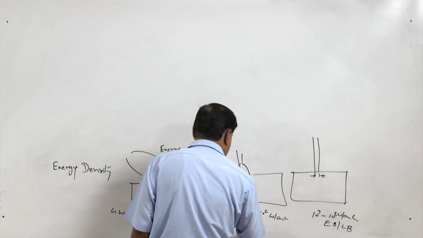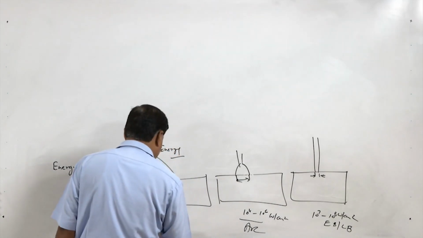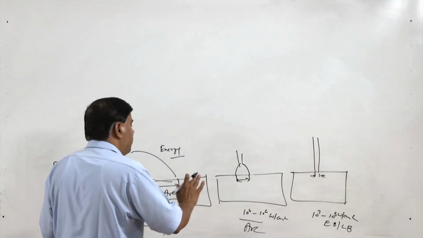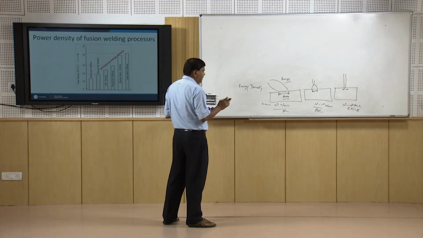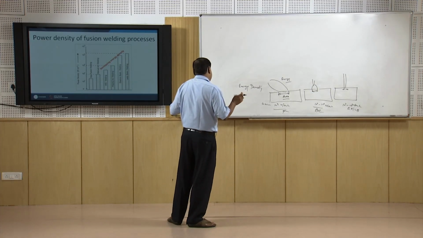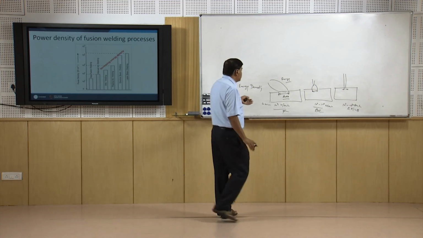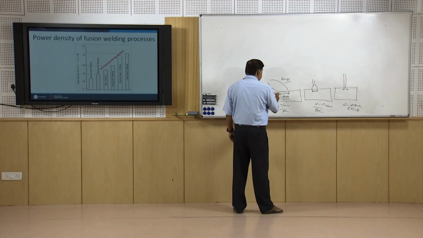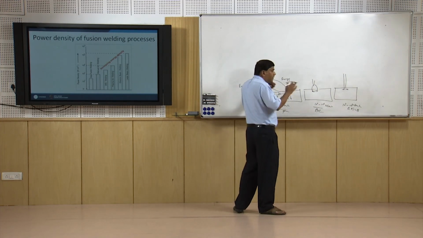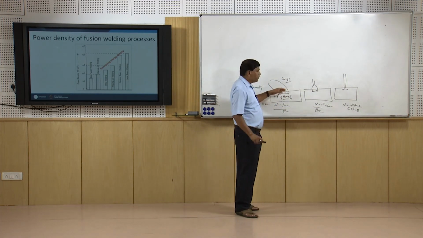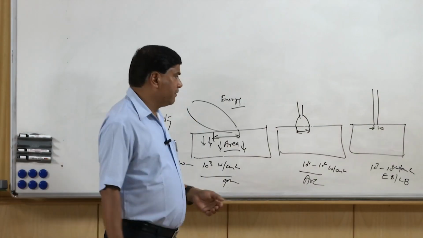So this is for arc, this is for gas. These are the general boundaries as far as the different welding processes are concerned, and the broad grouping of the processes. Whenever heat is delivered over a larger area, of course it will be dissipated to the base metal in larger quantity. It will take longer to reach the melting point and then to facilitate the diffusion.